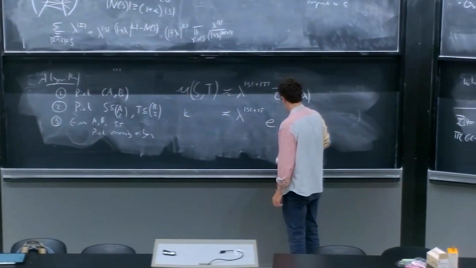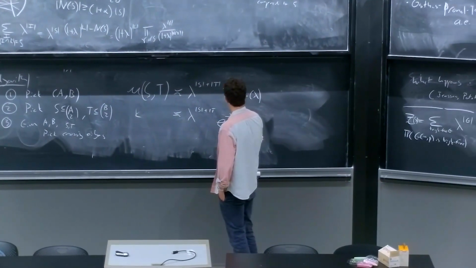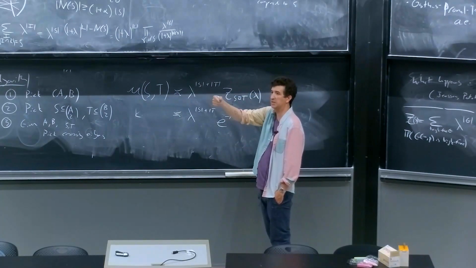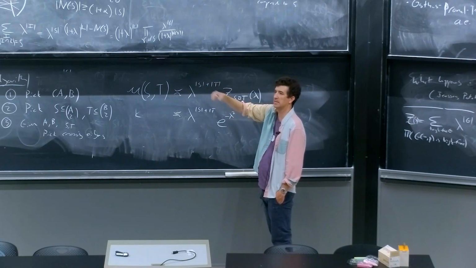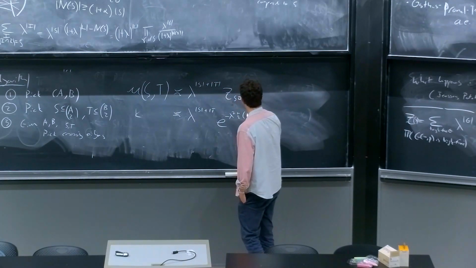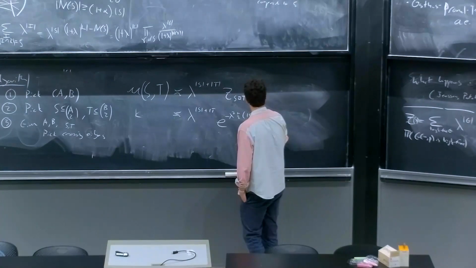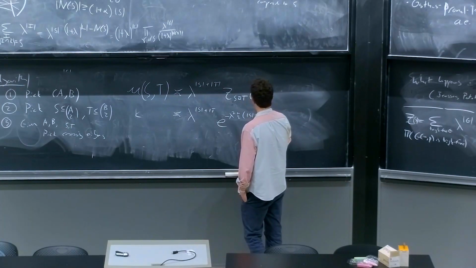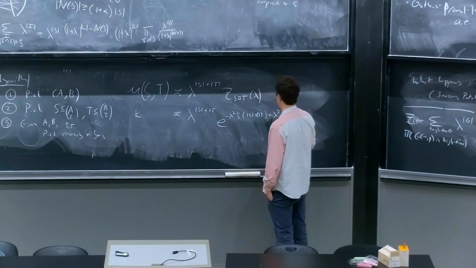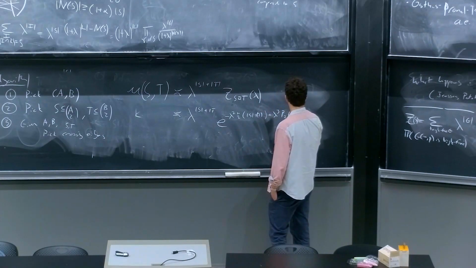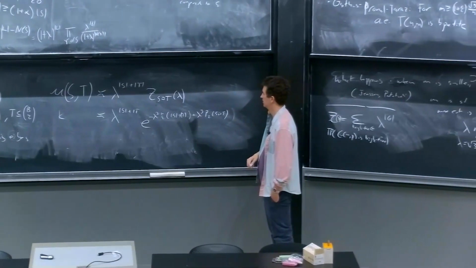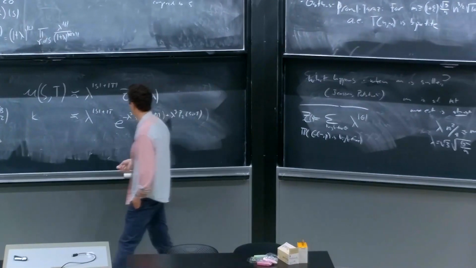You know, I'm being very rough here, but minus lambda squared. What's the number of edges? Well, each orange edge gives n over 2 edges. Let's say the A and B are size n over 2. So n over 2 times size of S plus size of T. And then plus, let's say, lambda cubed times the number of P2s of S box T. Okay. So this is starting to look better.